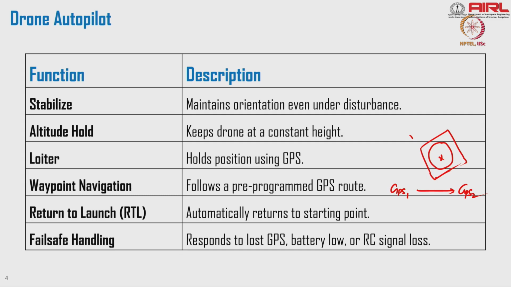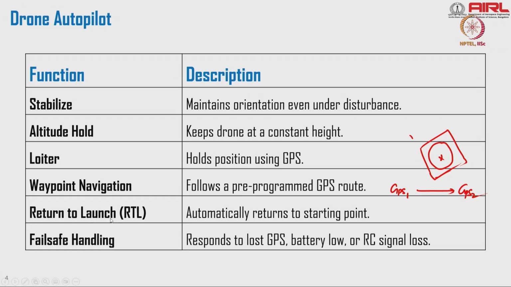What is the latitude, longitude and altitude, and say you have to go to another latitude, longitude, altitude, you should just go there, right? Suppose something happens. I want the drone to come back, what we call return to launch point, wherever it started. Something happened halfway through, I'm not able to complete my mission, I want to abort my mission. What will I do? Shall I land there or shall I come back to the starting point?